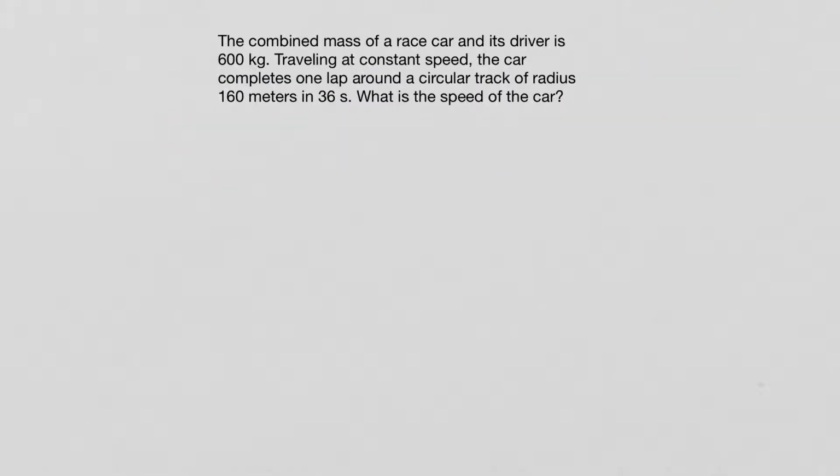So we have a sample problem that says the combined mass of a race car and its driver is 600 kilograms. Traveling at constant speed, the car completes one lap around a circular track of radius 160 meters in 36 seconds. What is the speed of the car? So we can say that we're looking for the speed of the car, and we can say it's v equals 2 pi r over t.